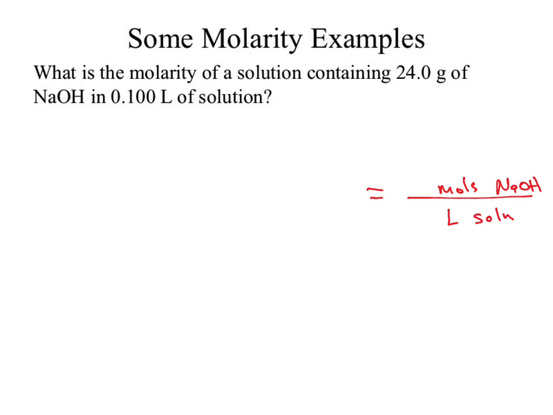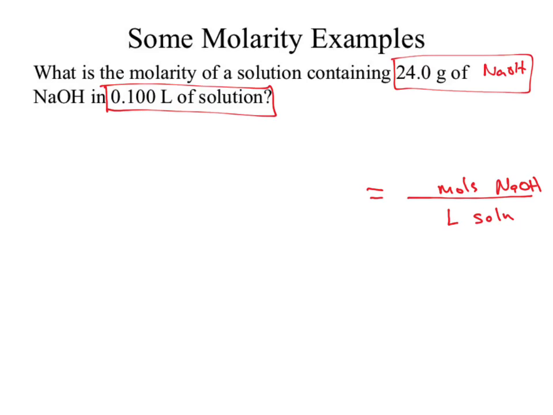Okay? Am I given either of those pieces of information? Yeah, you're given 0.100 liters of solution. Okay, so what do I want? Moles of sodium hydroxide over liters of solution. What do I have?